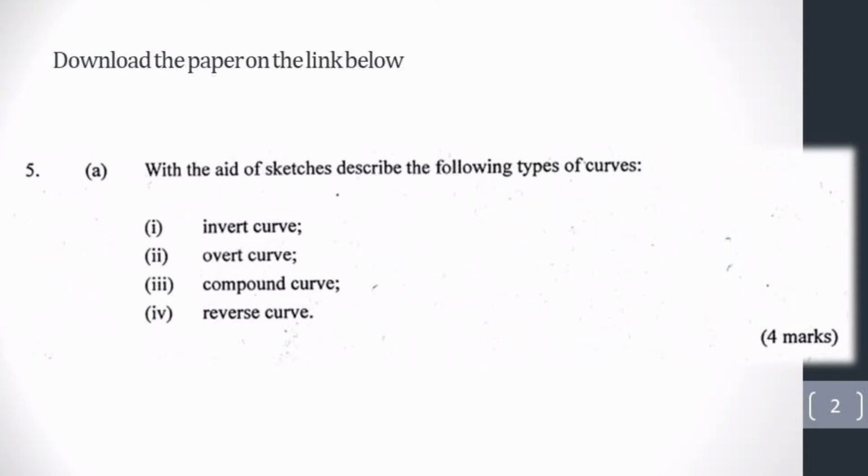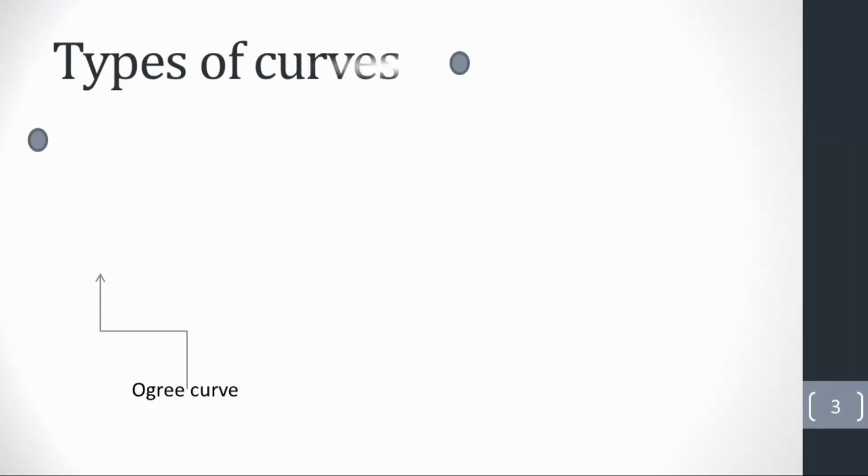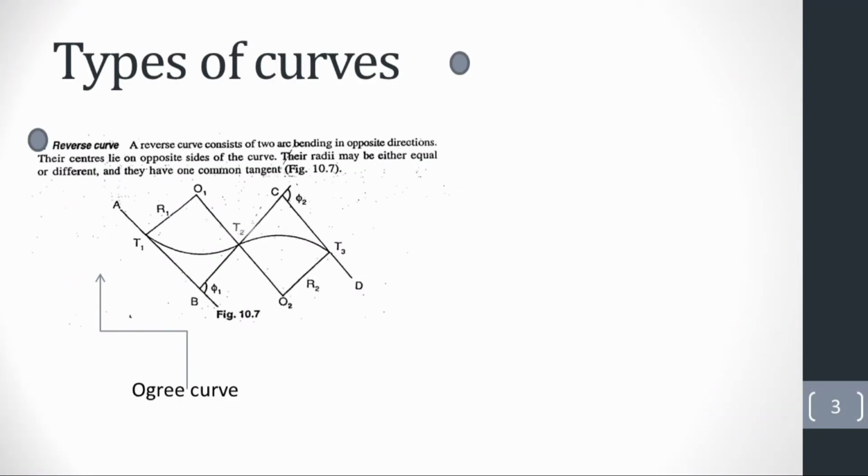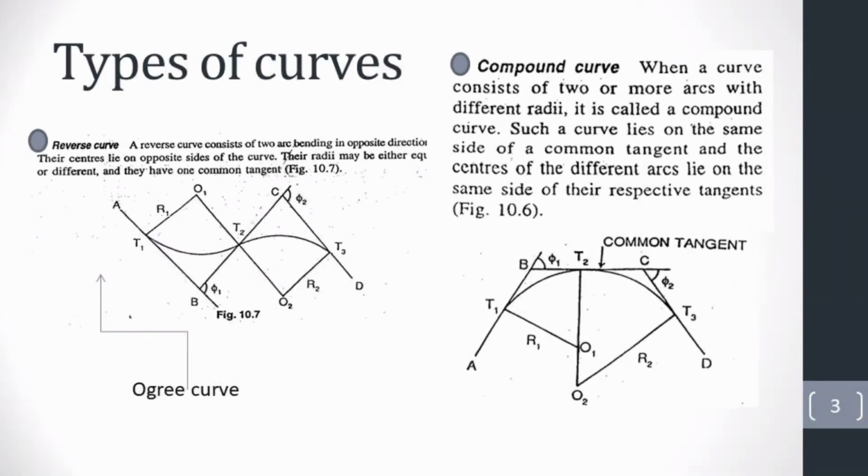I'll be happy. The reverse curve, you can see there, consists of 2 arcs bending in the opposite direction. Their center lines lie opposite to each other. The arcs can either be equal or different, and they have one common tangent. There is the diagram.